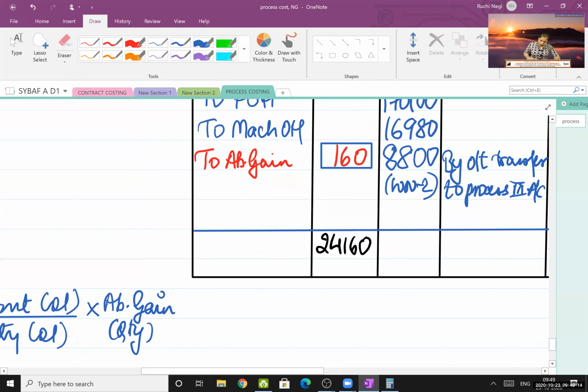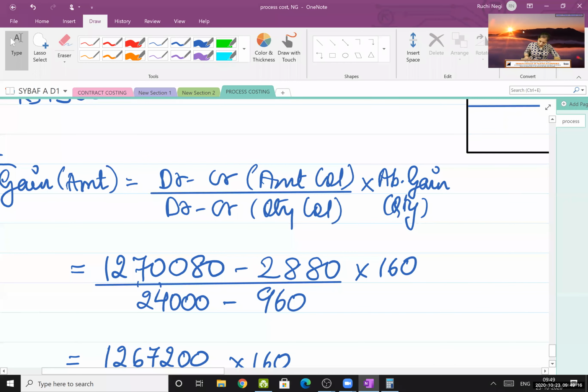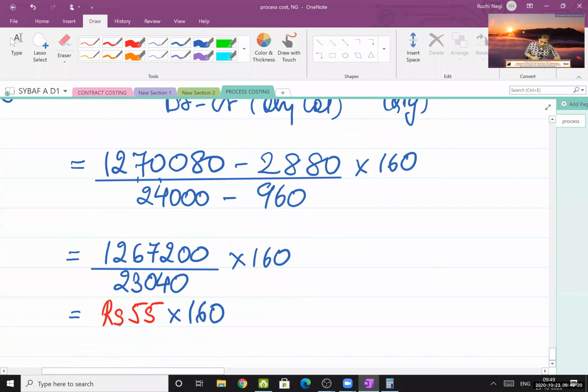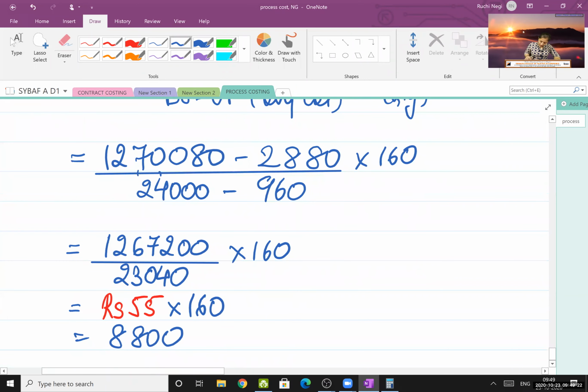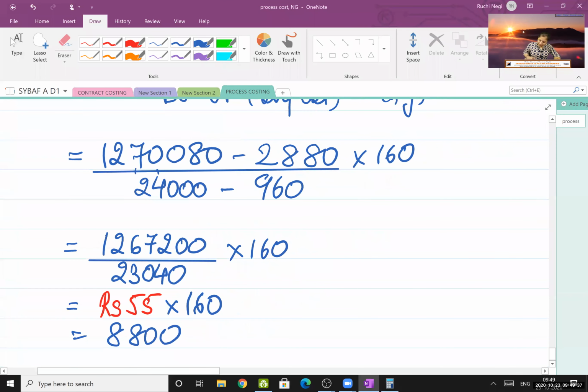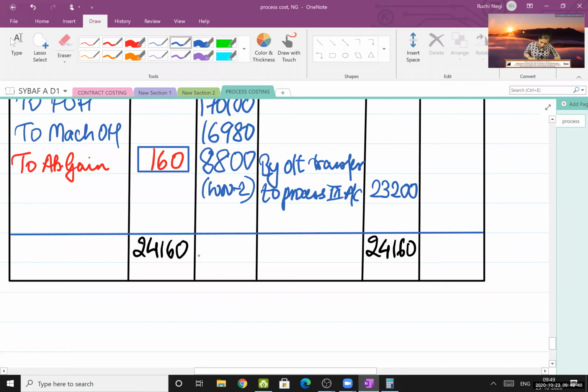ठीक है, तब ये टोटल तो मुझे पता ही है. 8,800. डेबिट साइड टोटल I know 12,70,080. 12,70,080 plus this new 8,800, so 12,78,880. Okay, right here 12,78,880.